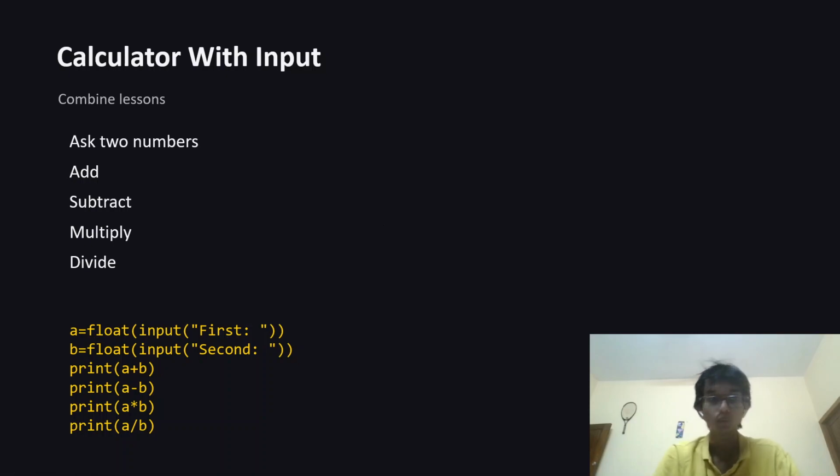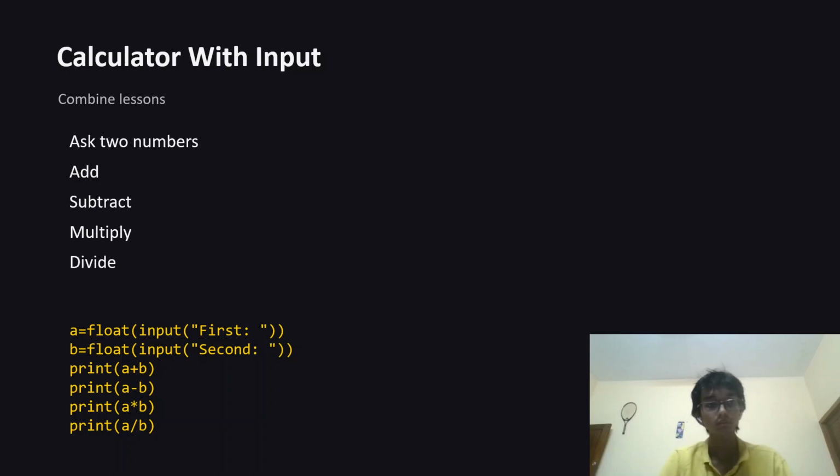Now, before that, we are going to do some questions. We are going to do some arithmetic operator questions, while also combining lessons that we learned in previous lectures. The first one is a calculator with input.